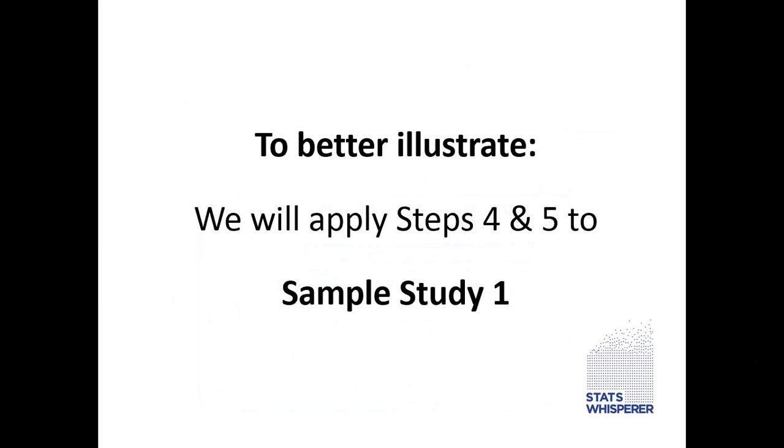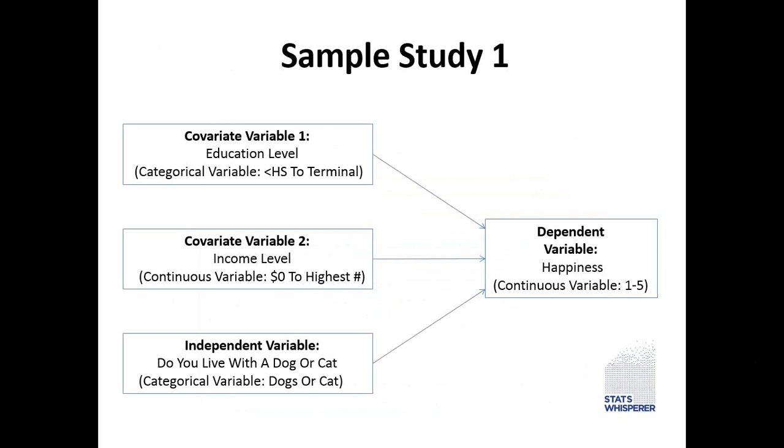So to best illustrate the univariate analysis as well as the bivariate analysis, we will apply steps 4 and 5 to sample study 1. So recall, sample study 1 involves 4 variables, right?